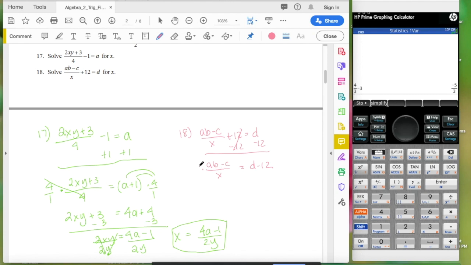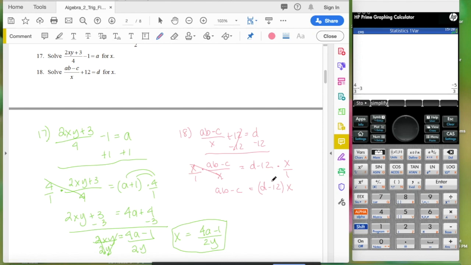We're going to multiply both sides by x over 1. The x's cancel out, and we're going to have ab minus c equals d minus 12 times x. Now, before I try and simplify this, or distribute it out, I have x multiplying by this expression now over here.